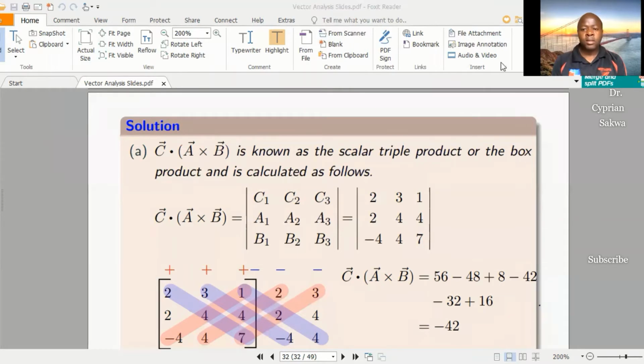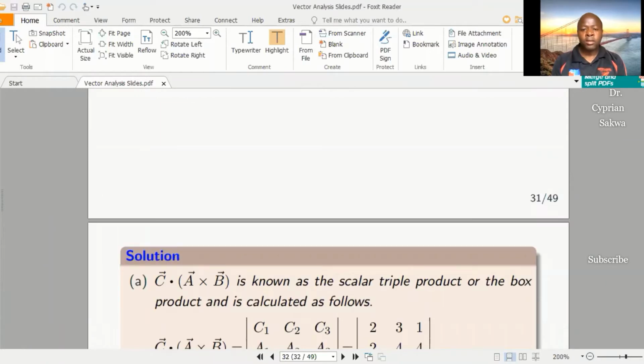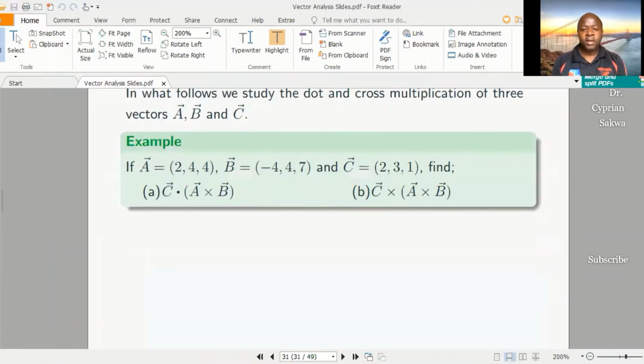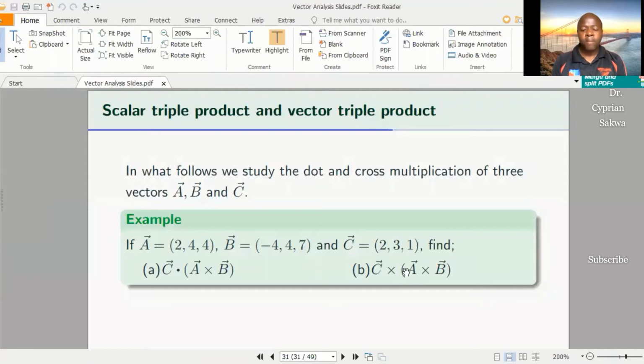So we want to get the vector triple product. Again, it's easier to work out this one, although there's another way, and I'll show you the other way later.